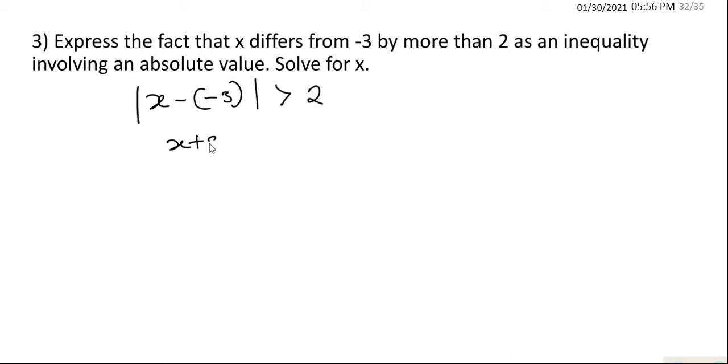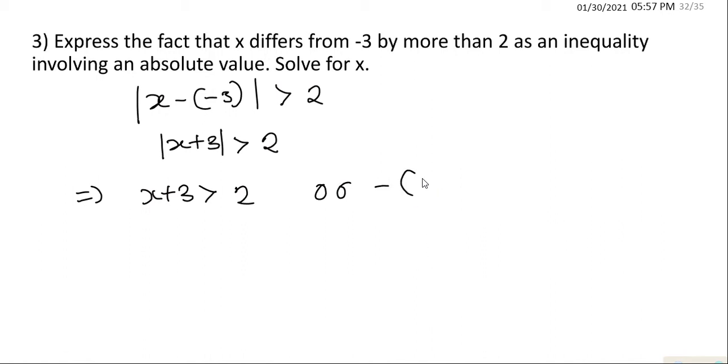It can be written as the absolute value of x plus 3 greater than 2, okay, and can be translated into x plus 3 greater than 2 or x plus 3 less than minus 2. The first gives x greater than 2 minus 3, which is x greater than minus 1.